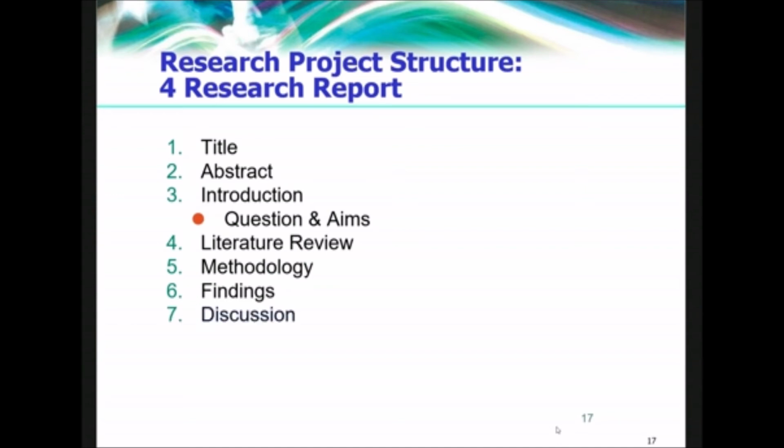Then considering the discussion section, this is where you pull elements of your literature review and your findings together and discuss what it means. In the findings section you are reporting on facts. In the discussion section you are applying meaning. You'll be developing main themes and issues.